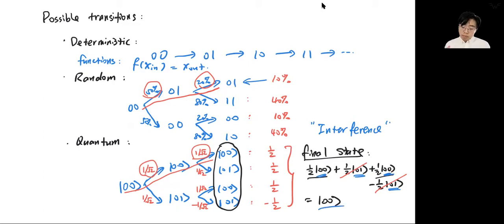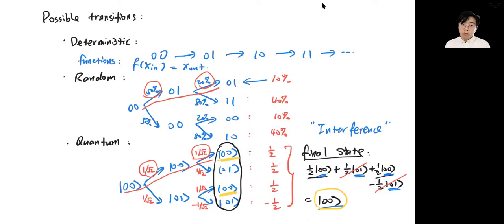Now, if we think about these types of transitions more carefully, they allow us to do computation differently. Suppose you have some right answer that is 00, and some other wrong answer that is 01.